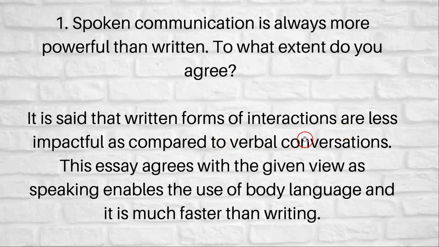So what words have we changed here? Instead of spoken communication, we have written verbal conversations. Instead of written, we have said written forms of interactions. And instead of more powerful, as we have inverted the sentence, we have written less impactful. So this is our paraphrasing.